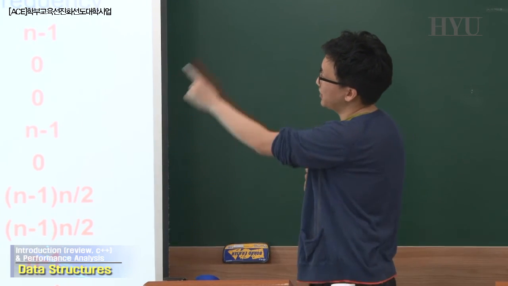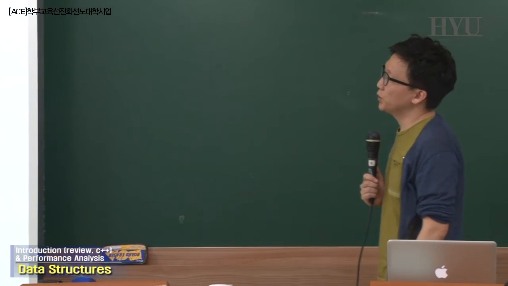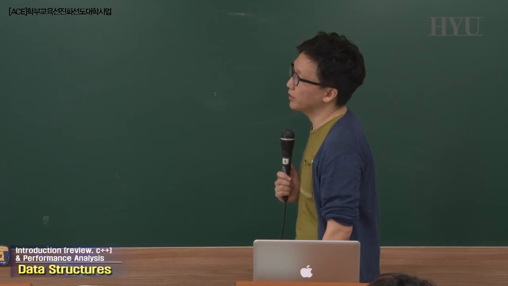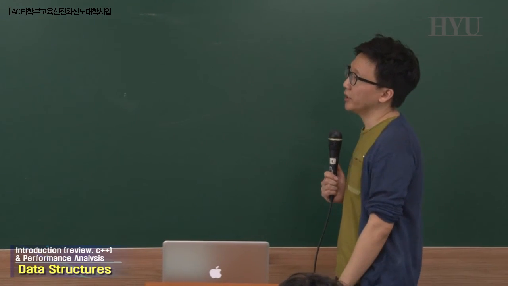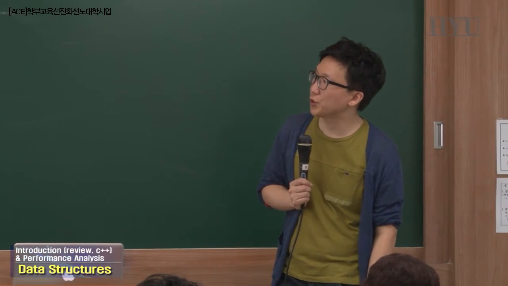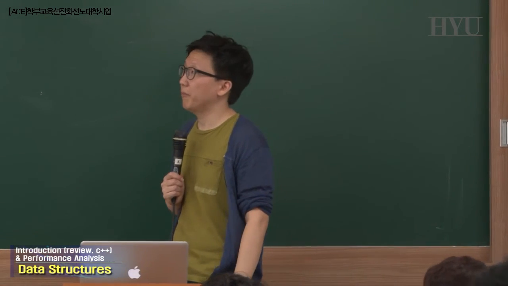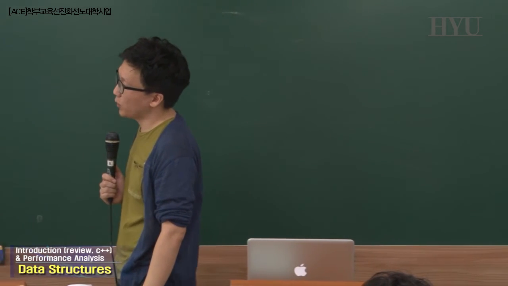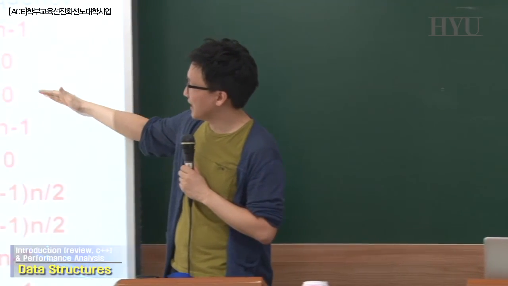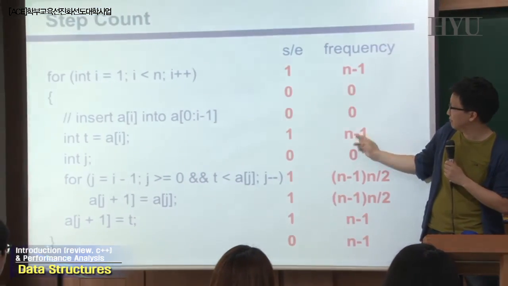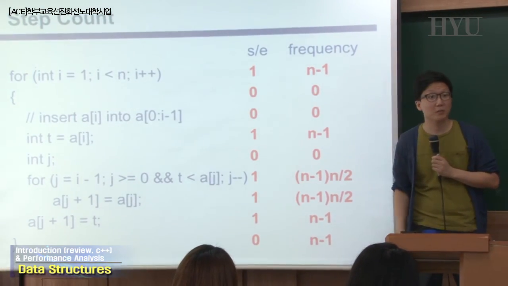So that is the first line, step 1 goes, and then you go through the loops inside, but it goes from i, from 1 to n, so that's n minus 1 times the single step will be called, n minus 1 frequencies. Likewise, whatever inside here doesn't include the second loop, so they will be called the same n minus 1 times.